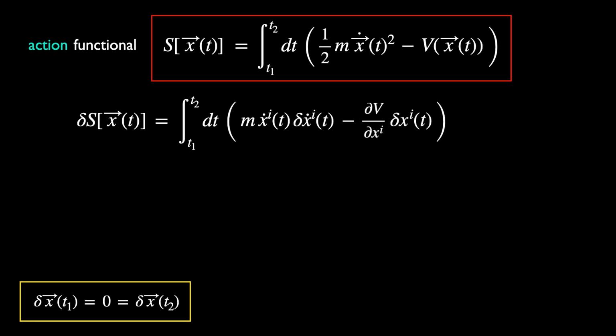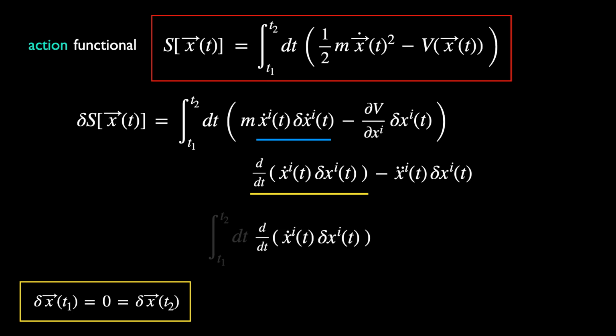Here comes a step that we shall often use. The time derivative in this term can be shifted from delta x to x dot by incurring a minus sign. This is simply the result of the product rule of derivatives, as well as the boundary conditions which allow us to drop the total derivative.